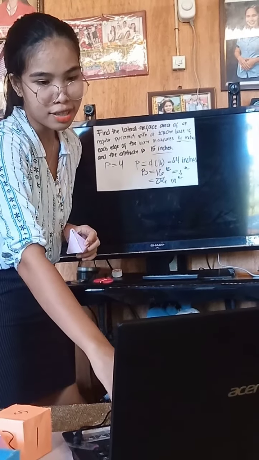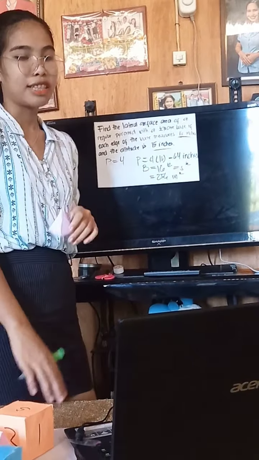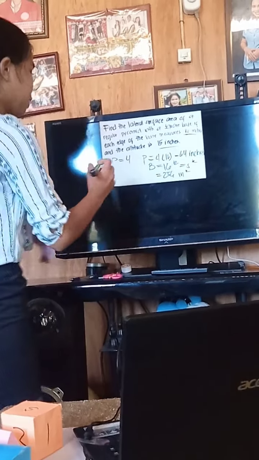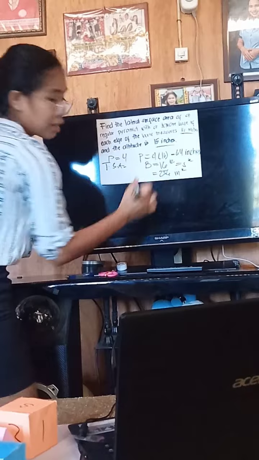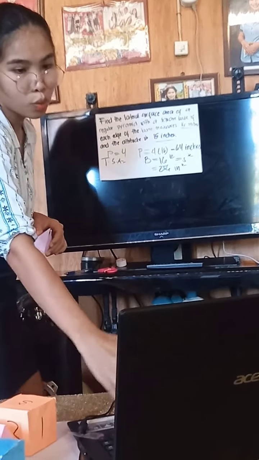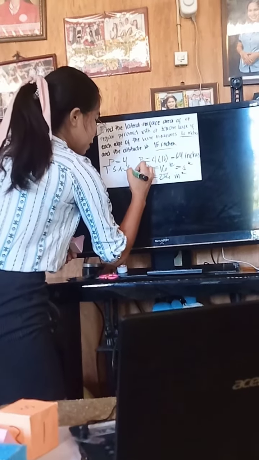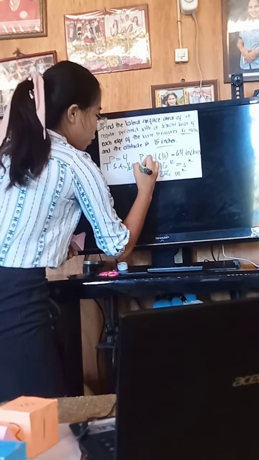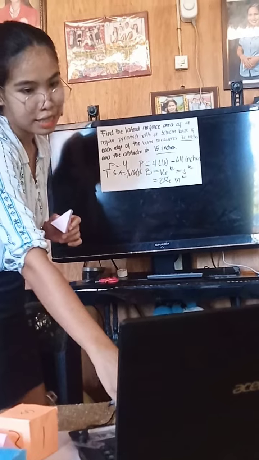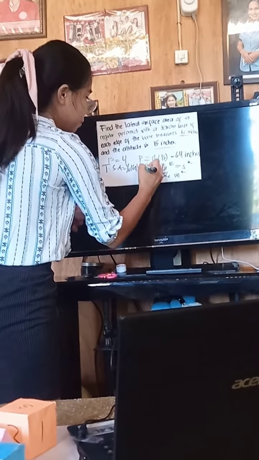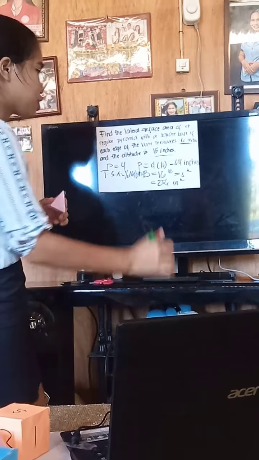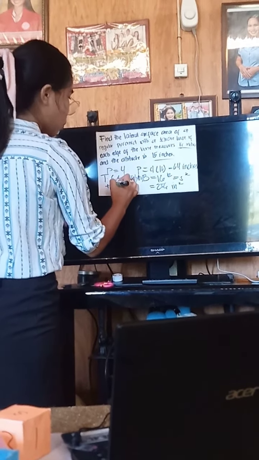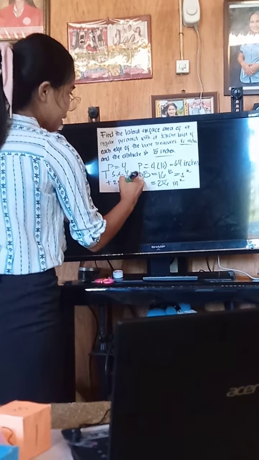So to find the total surface area, it is equal to 1/2 times 64 times 17 plus 256.